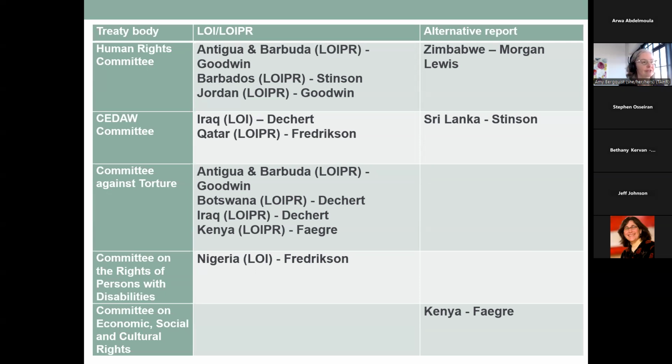And again, just a reminder of which treaty body we're talking about and whether we have a report at the list of issues stage at this earlier stage or at the shadow report or alternative report stage. But you'll see that on the treaty bodies on the left-hand column, each treaty has its own respective treaty body or committee. The CEDAW committee is the committee that oversees the Convention on the Elimination of Discrimination Against Women. The Committee Against Torture oversees the Convention Against Torture.